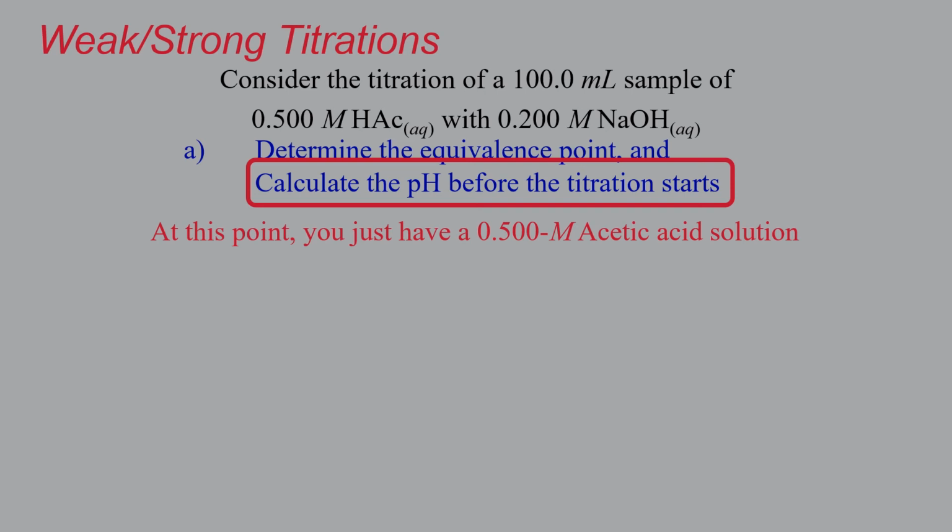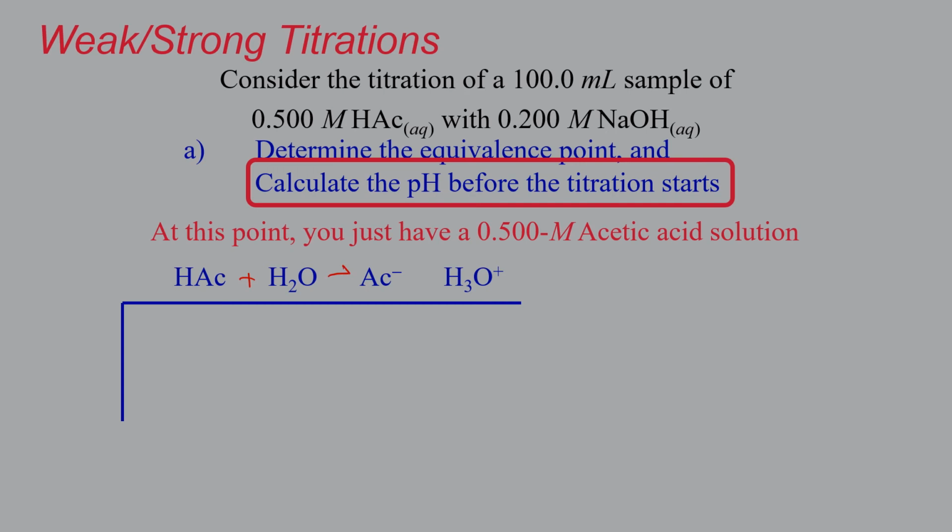The next part of this exercise was to calculate the pH of the acid solution before you start to add base to it, before the titration starts. At this point, it's just a plain Jane 0.5 molar acetic acid solution. And this calculation should be fairly straightforward to you. You've got an equilibrium between the acetic acid and water, and acetate and hydronium.